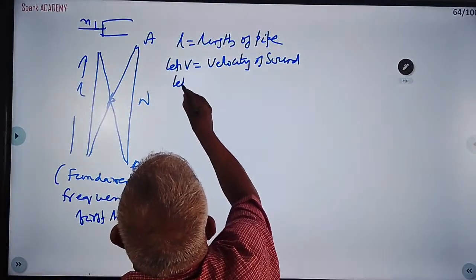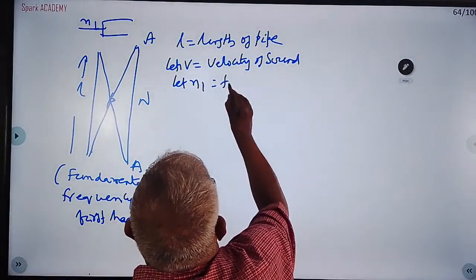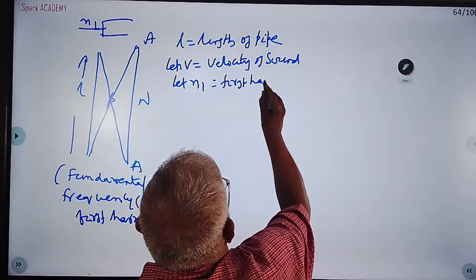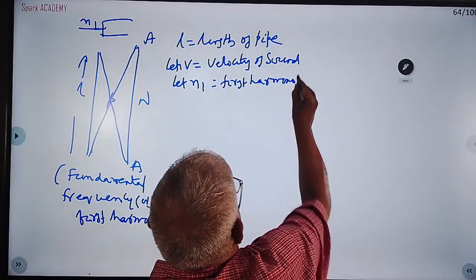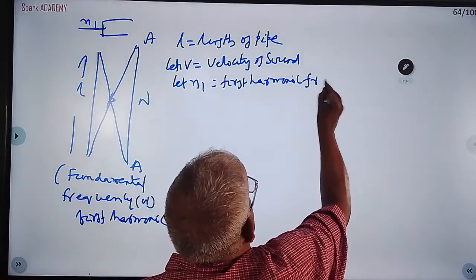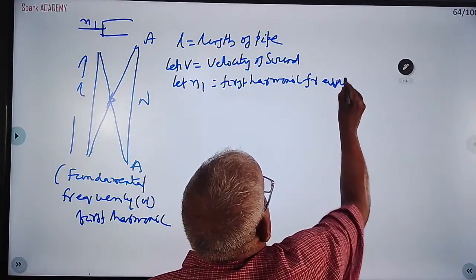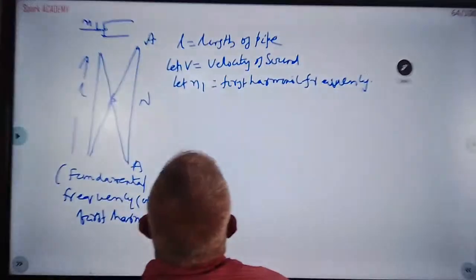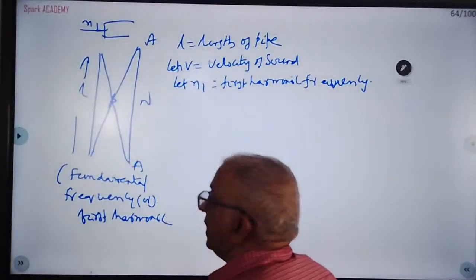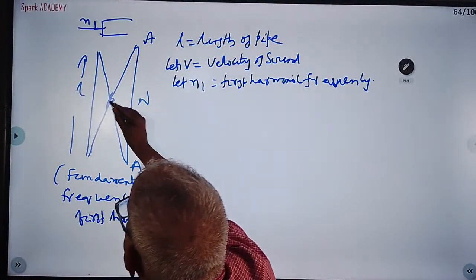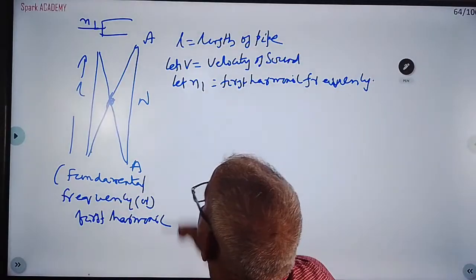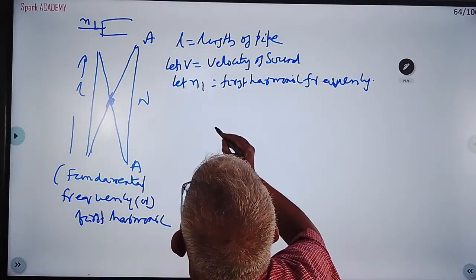Let N1 be the first harmonic frequency. A node is formed at the midpoint. The distance between a node and an antinode is lambda by 4.